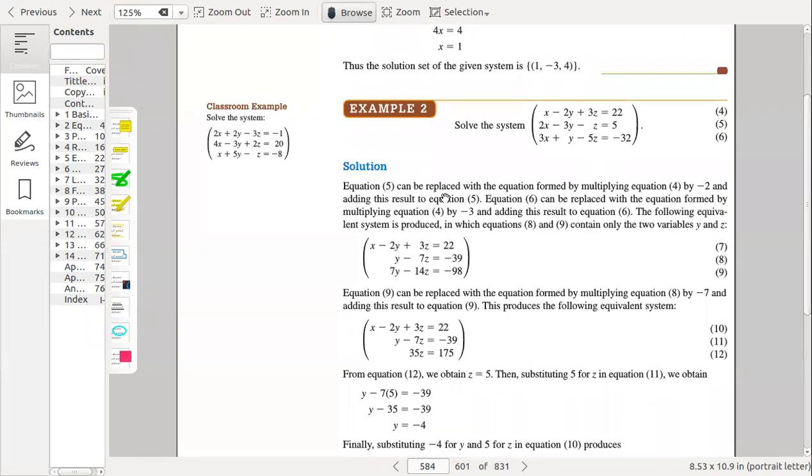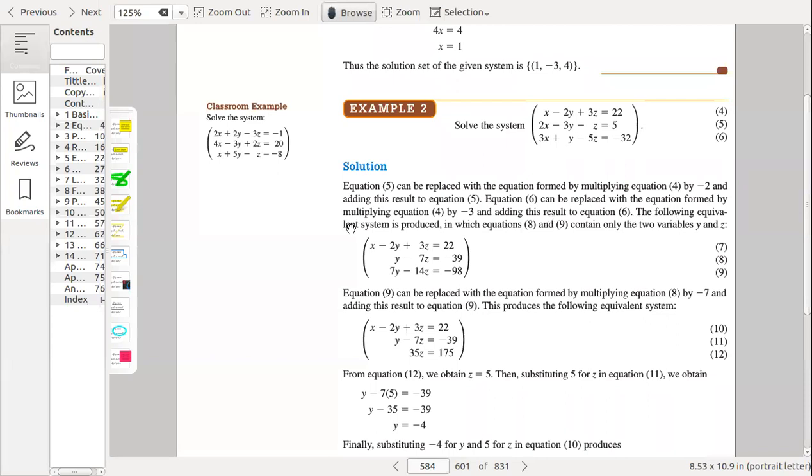Equation 5 can be replaced with the equation formed by multiplying equation 4 by minus 2 and adding this result to equation 5. Equation 6 can be replaced with the equation formed by multiplying equation 4 by minus 3 and adding this result to equation 6.